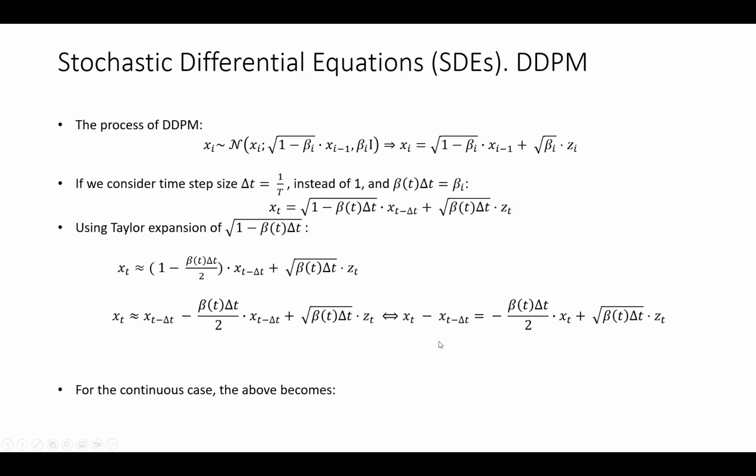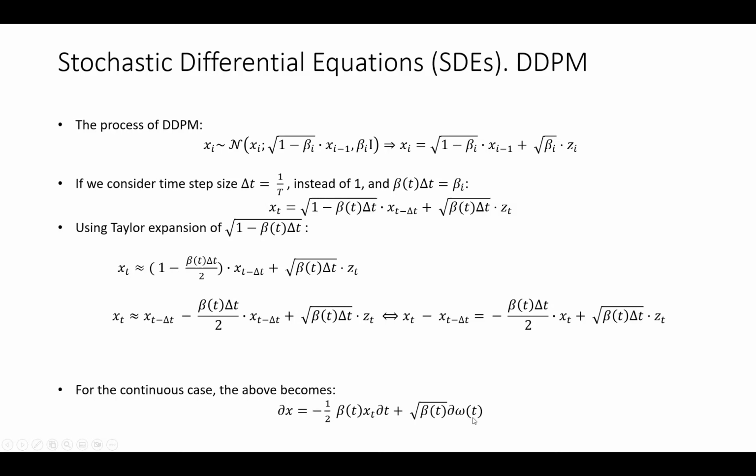So this will become the derivative of x, because we are taking xt, subtracting xt minus delta t, which is the change, the partial derivative of x. And then we can do the same thing here, which is beta t and xt, and partial dt, and then the derivative of zt is the derivative of omega.